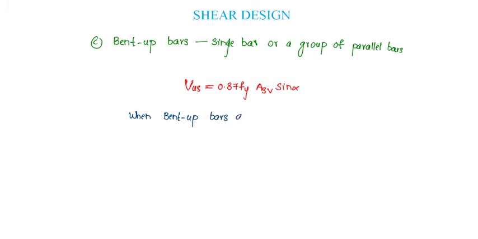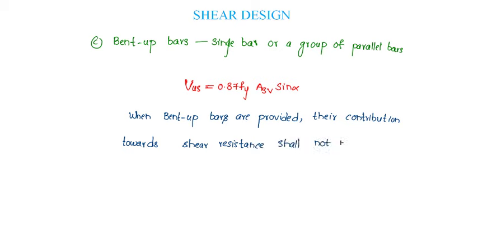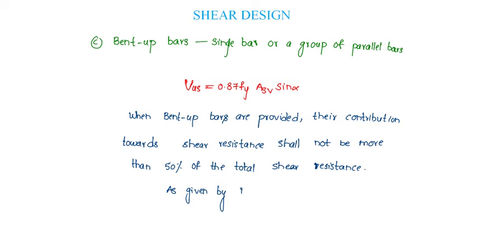When bent up bars are provided, then their contribution towards shear resistance shall not be more than half, that is 50%, of the total shear resistance, as given by IS 456 2000.